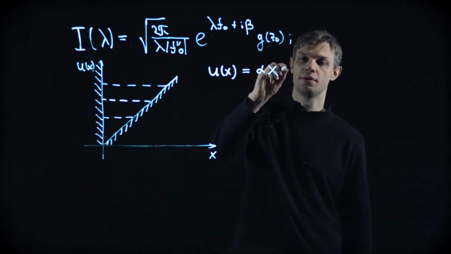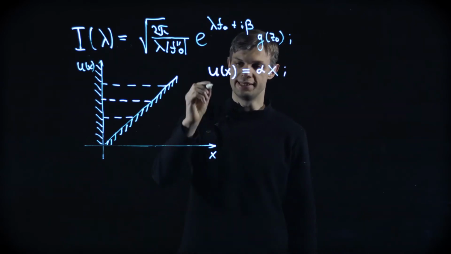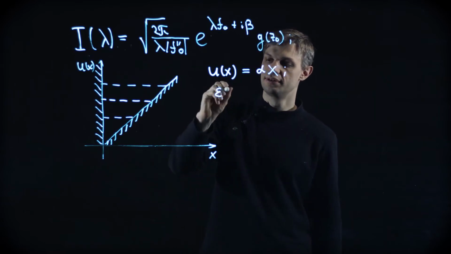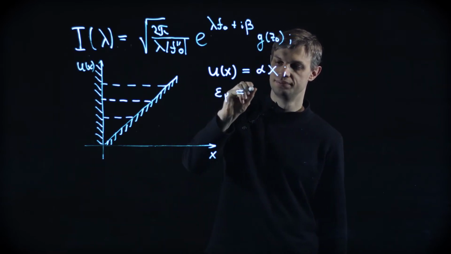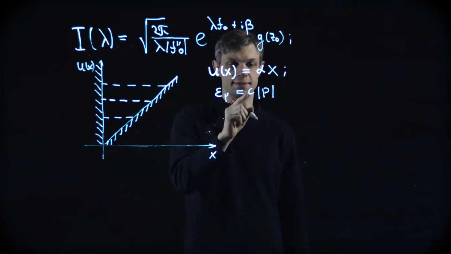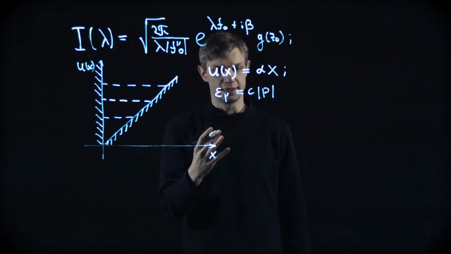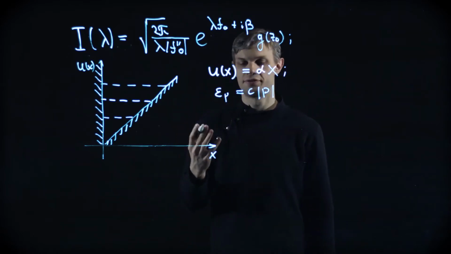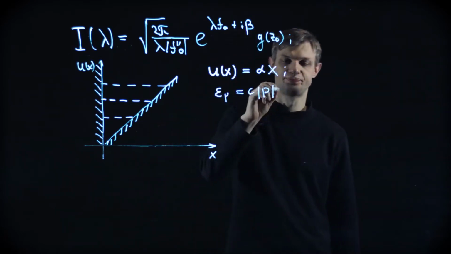And in addition, we will consider quite an unusual particle, a particle with a linear spectrum. Epsilon is equal to Cp, so it's kind of a relativistic particle. And C is sort of a light speed, for example.